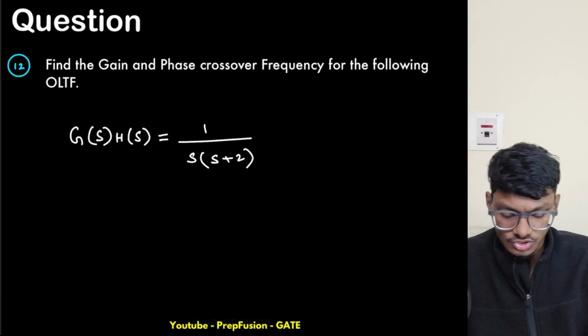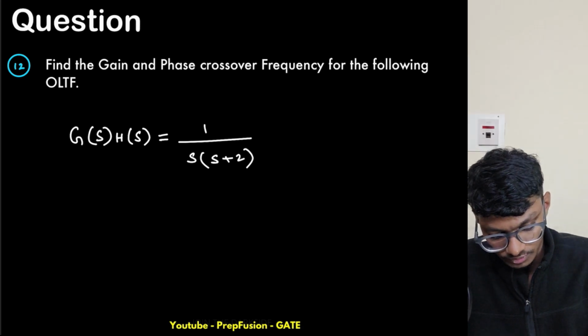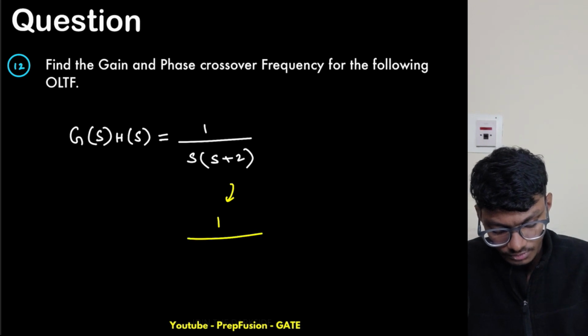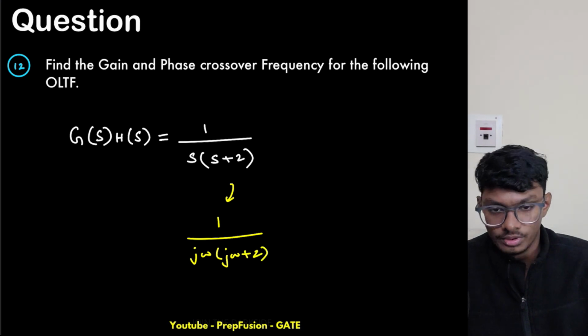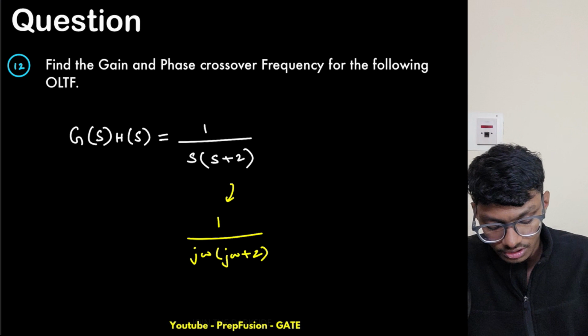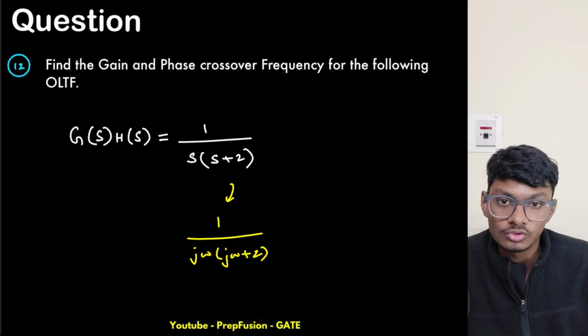I replace s equals j omega. For your simplicity, I can write 1 by j omega plus 2. The angle contribution due to this is 90, and the angle contribution due to this is tan inverse omega by 2.